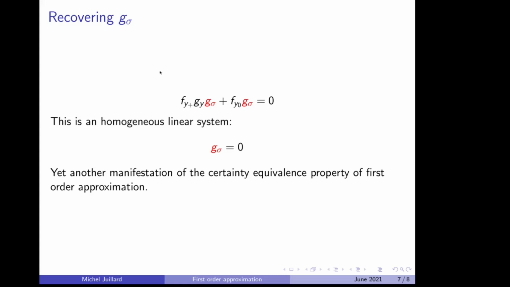Then for G sigma, the partial derivative with respect to the stochastic scale of future shocks in the model, this is a homogeneous linear system, and in all circumstances, G sigma will be equal to 0. And the absence of a first order derivative of the solution with respect to the stochastic scale of the model is a second manifestation of the certainty equivalence property of first order approximation.